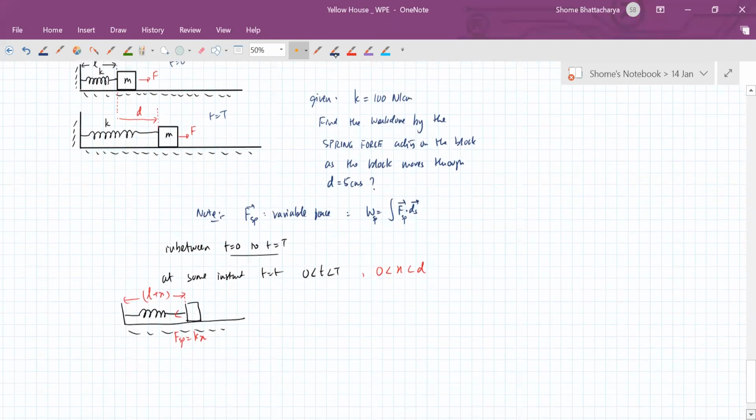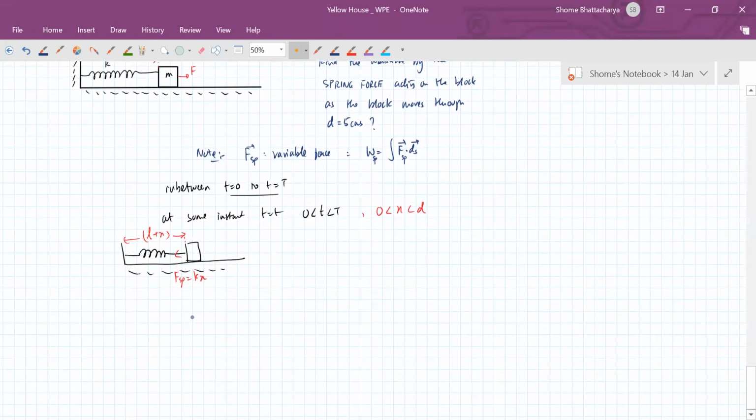So now for a differential displacement of dx in this direction, the work done by the spring force.